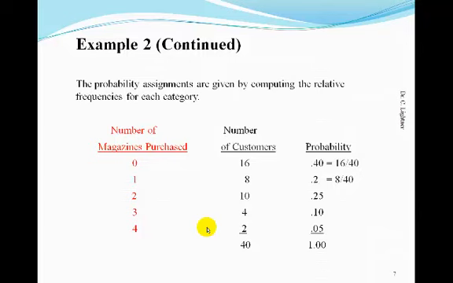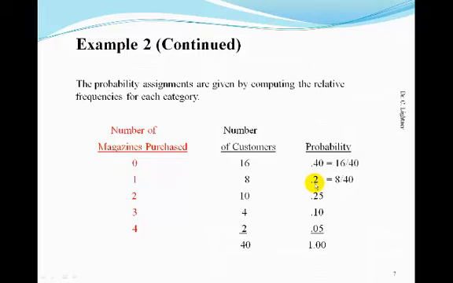Using the relative frequency method, we can compute the relative frequency for each of these classes. The relative frequency for each class or number of magazines purchased will become equivalent to the probability of that experimental outcome occurring. Accordingly, we say that there is a 0.4 probability that if you call a customer, they will purchase 0 magazines.